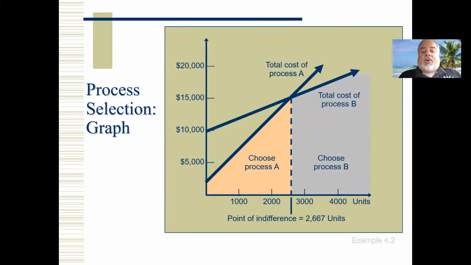So process selection, we still have the same idea. At process A, the setup, the starting gate is 2,000. Process B, my startup, my setup, my fixed cost is 10,000. But it goes up at a rate of $2 per raft.